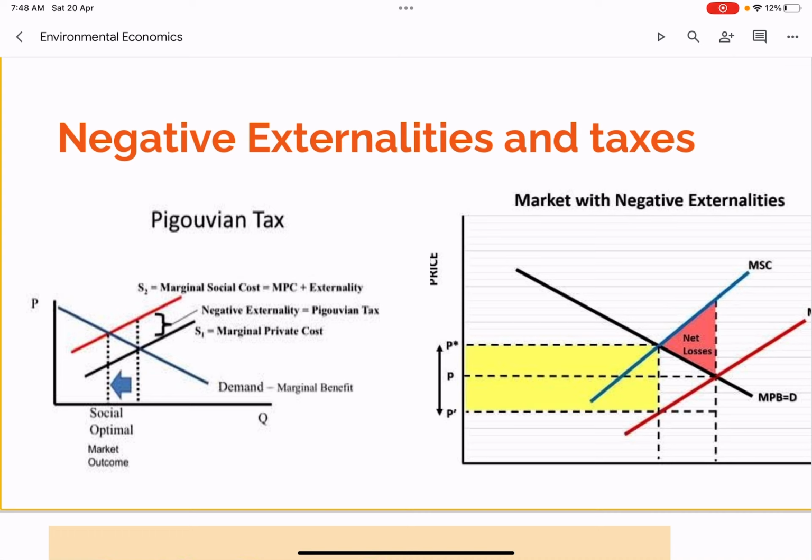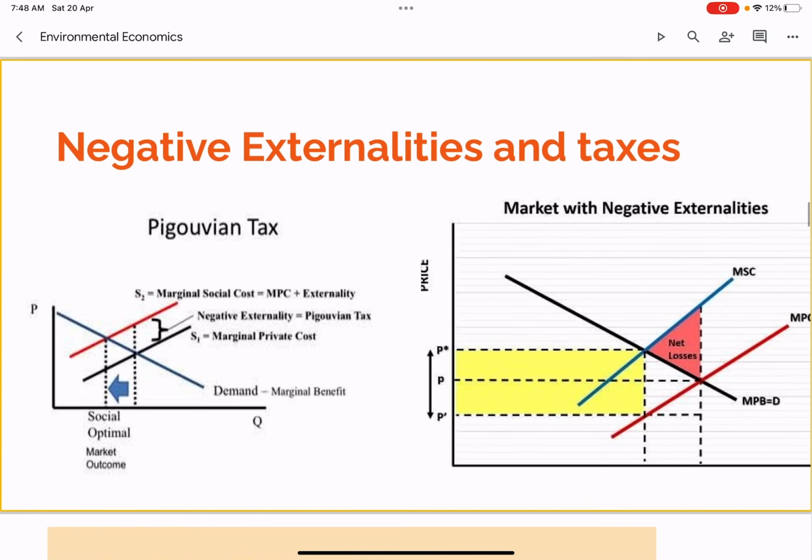As the graph shows clearly, he is suggesting that the difference between the marginal social cost and the marginal private cost, that is the external cost, has to be levied on the producer, and that becomes the Pigouvian tax.